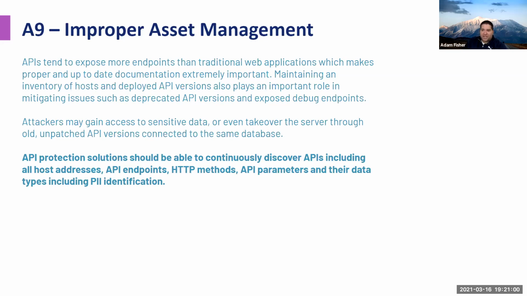Do you create API documentation files? From one of my developer friends out there, if you raise your hand, are you doing that? Yeah, some people thumbs up. So great. Please do that. That's where you start with improper asset management: get your documentation right.